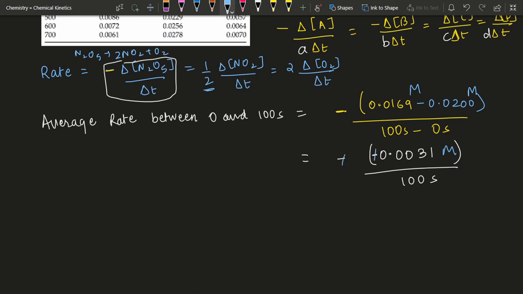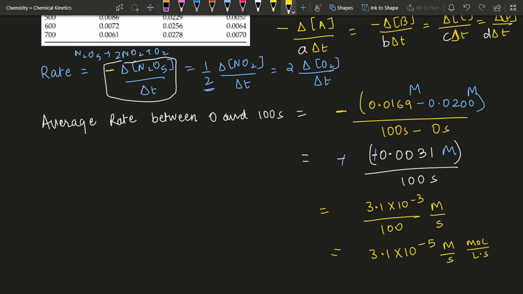Negative and negative cancel out, and you would have 3.1 times 10 to the power negative 3 divided by 100 seconds, so molar per second. This is equivalent to 3.1 times 10 to the power negative 5 molar per second, or if you want to write moles per liter, then moles per liter per second, or moles liters inverse seconds inverse.